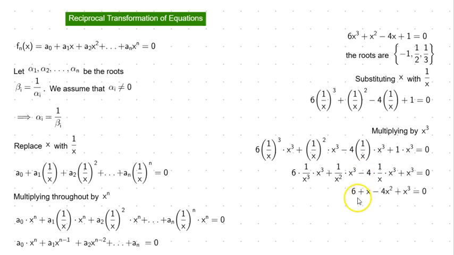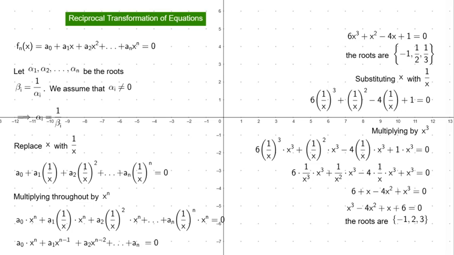Simplifying this, we get 6 plus x minus 4x square plus x cube equal to 0. Or writing in the usual form, x cube minus 4x square plus x plus 6 equal to 0. And the roots of this are minus 1, 2 and 3. Now observe that minus 1 is a reciprocal of minus 1, 2 is a reciprocal of 1 by 2, 3 is a reciprocal of 1 by 3.